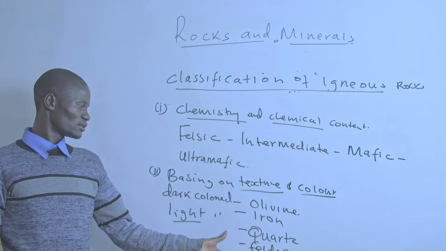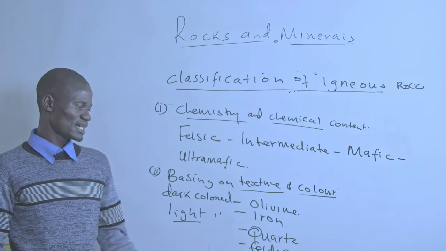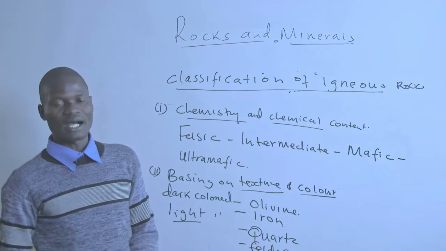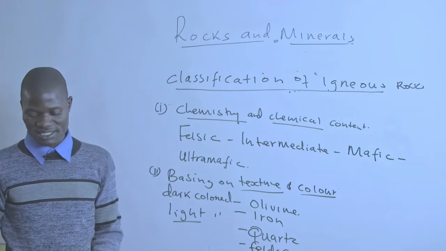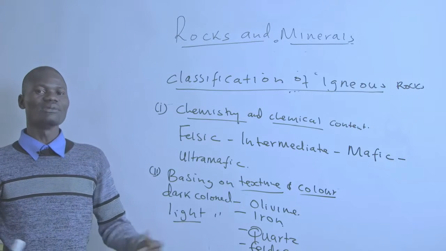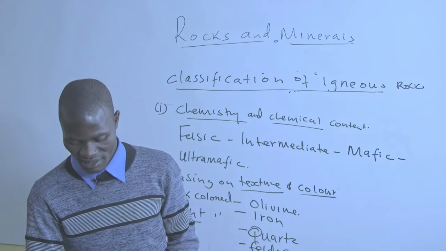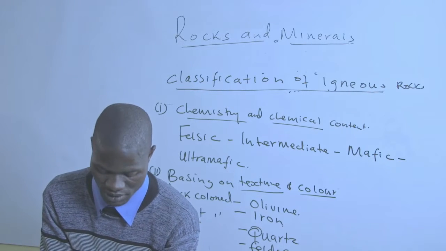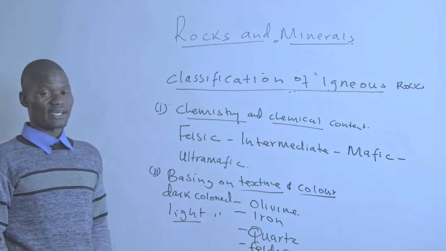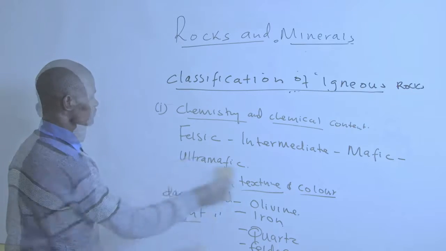These rocks that have light colored minerals such as quartz and feldspar also have a high silica content and oxygen, among others such as aluminium, making the rock very light. When we look into it, we will be able to classify these rocks basing on texture and color.